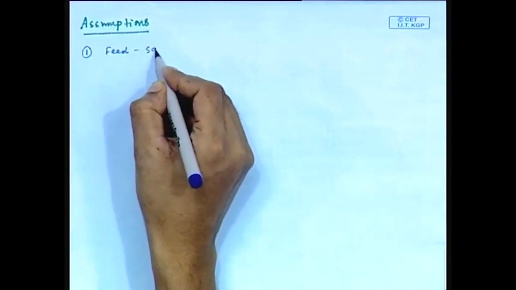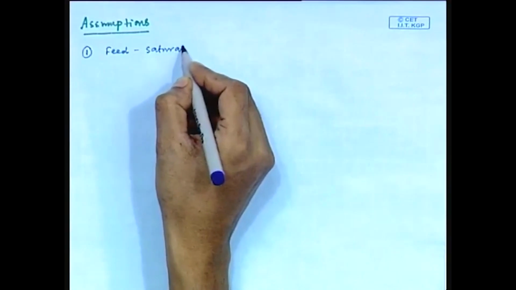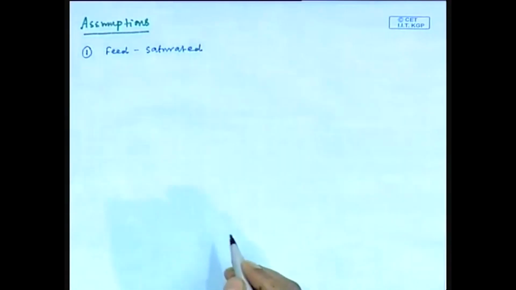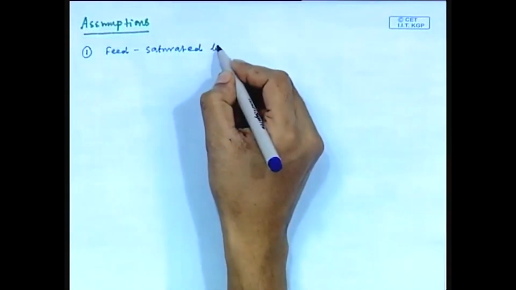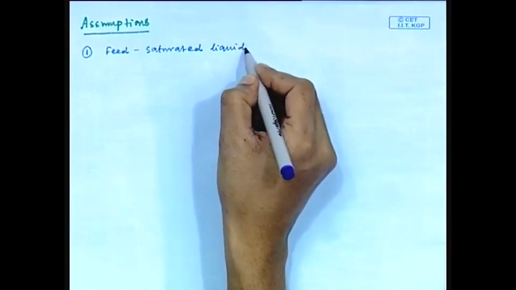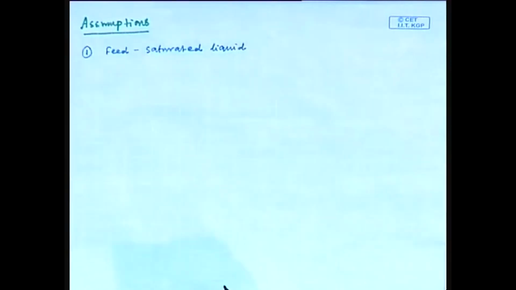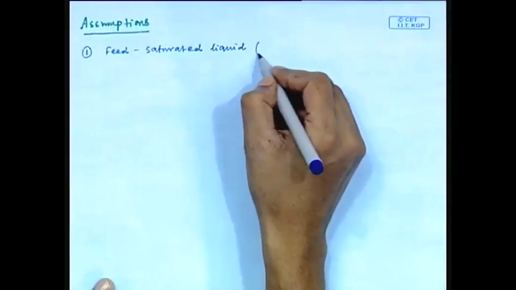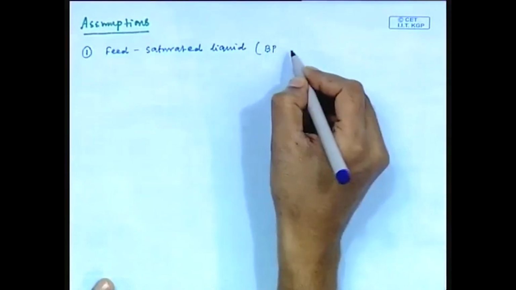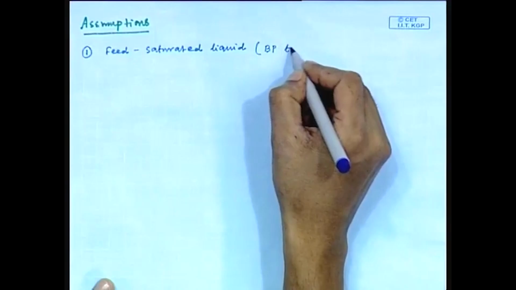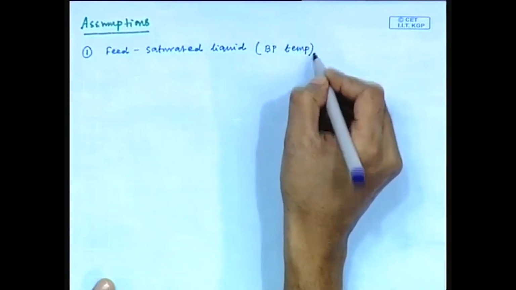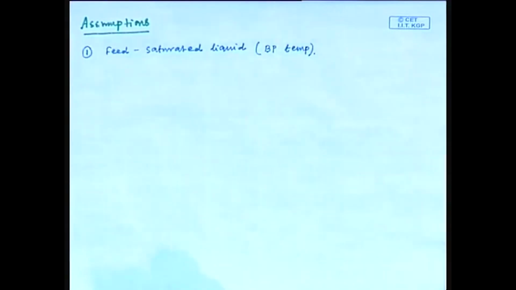The feed which is entering into the column is a saturated liquid. Fine. That means the feed is at its boiling point temperature. Fine. This is the first assumption.